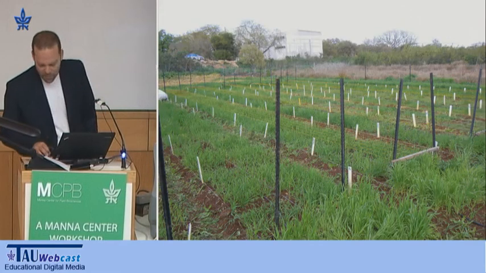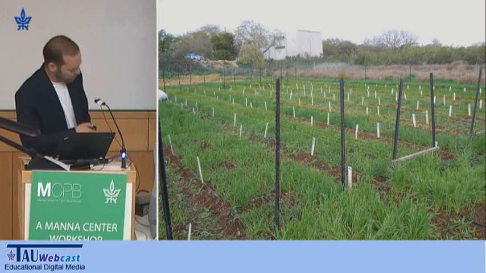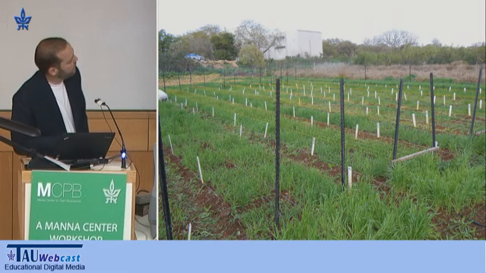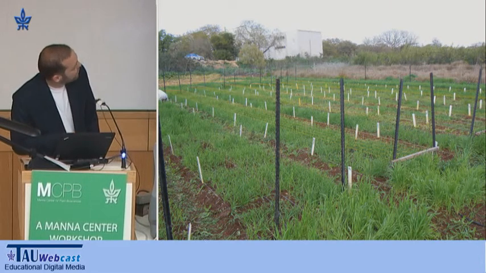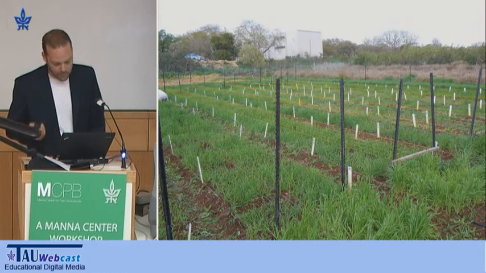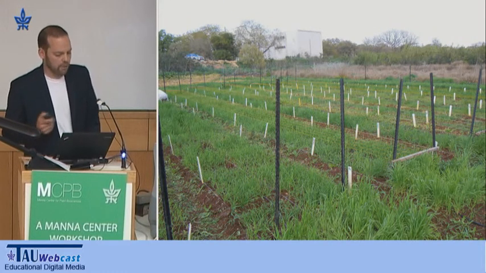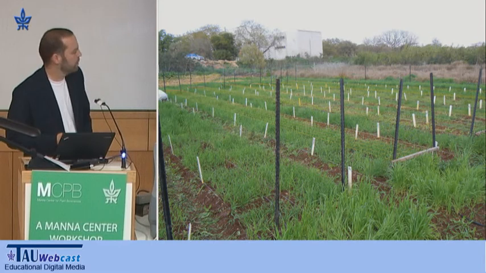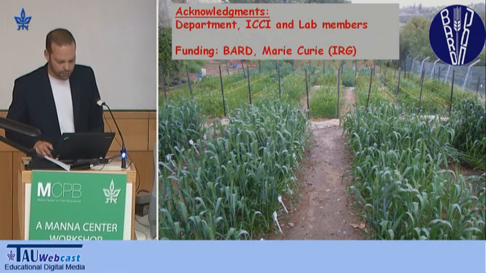We are repeating this experiment this year, from the Vulcani Institute in the north in Emek, Israel. Of course, we have to repeat it at least one more time to see that the results are reliable. And if they are, we are going to target this QTL and try to identify this gene.